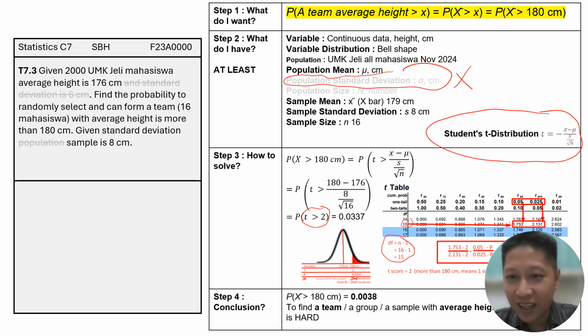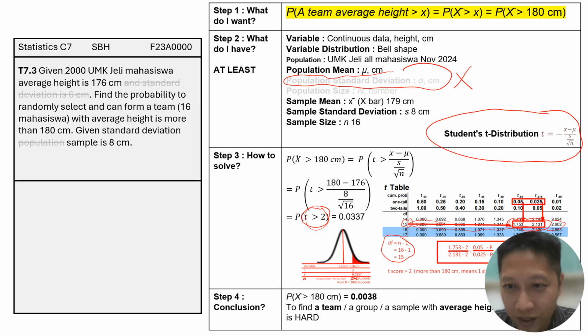Why do we highlight the box here? One is because we are referring from our degree of freedom 15. It means that what we want will appear inside this row here. And then our t is greater than 2. There's 2.